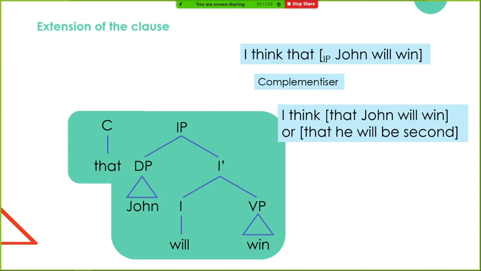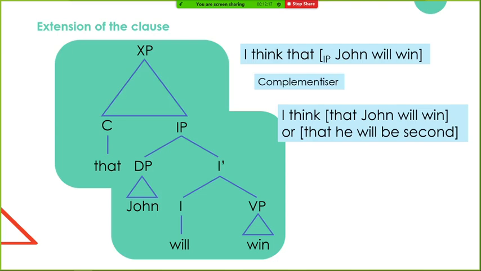And the fact is that you can only coordinate things which are constituents. So the fact that you can coordinate a complementizer plus an inflectional phrase with another complementizer plus an inflectional phrase goes to show us that complementizer plus the inflectional phrase form a constituent, a phrase of some sort.